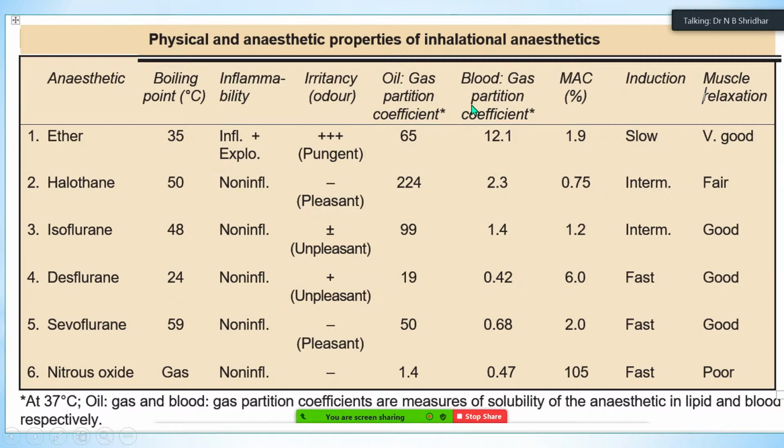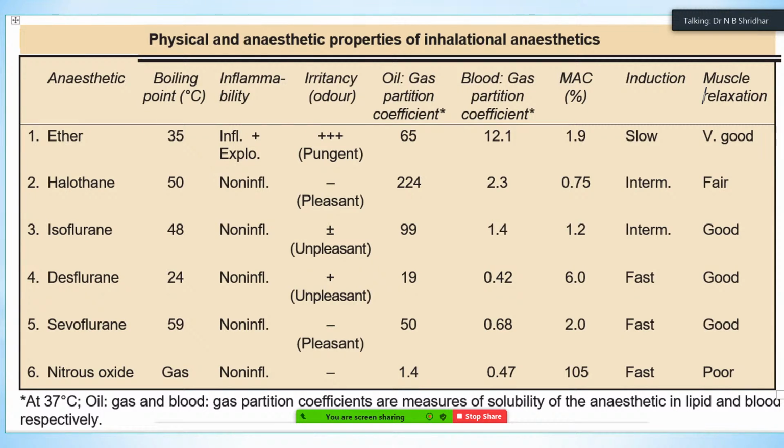Whereas the oil partition coefficient of ether is 65, halothane is more, isoflurane 99, desflurane 19, and sevoflurane 50, and for nitrous oxide the oil gas partition coefficient is very less. So the induction is also less here.